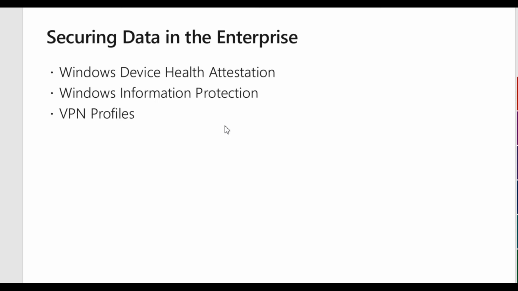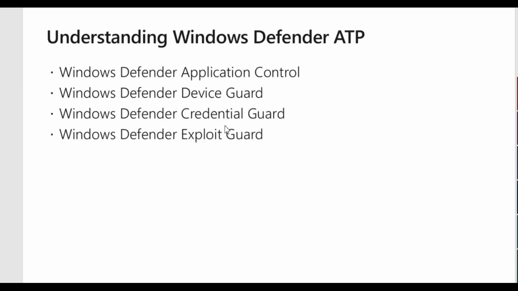To secure data in the enterprise, you have Windows device health attestation, Windows Information Protection, and VPN profiles. There are some advanced steps you have: Windows Defender Application Control, Windows Defender Device Guard, Windows Defender Credential Guard, Exploit Guard.